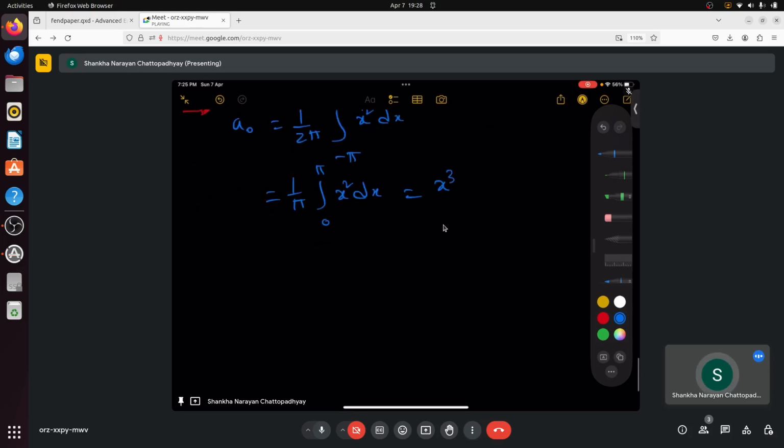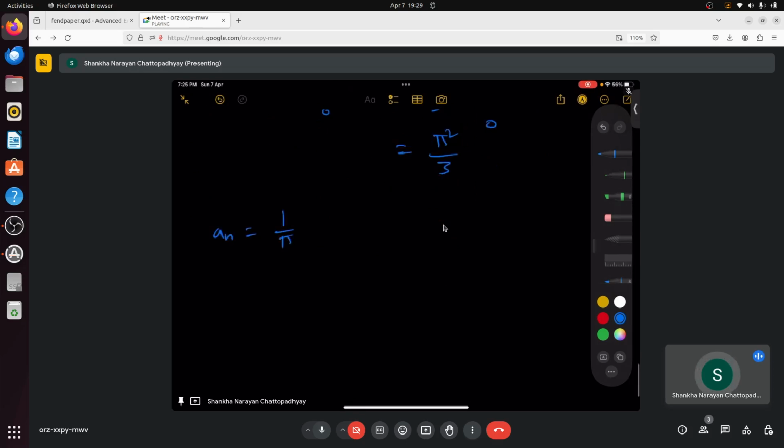This is equal to x cube by 3 pi, integration 0 to pi. This becomes pi square by 3. Next, an equals 1 by pi integration minus pi to pi x square cos nx dx.